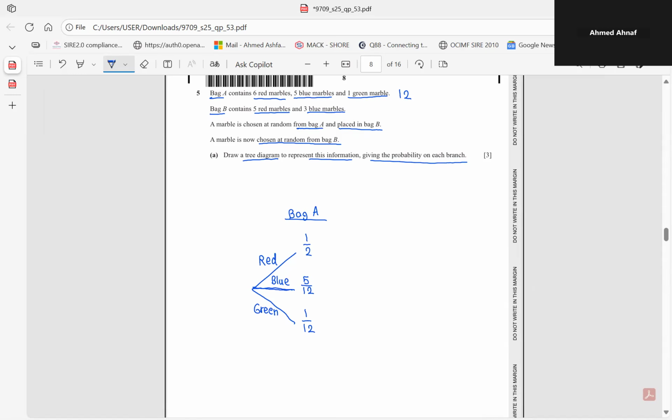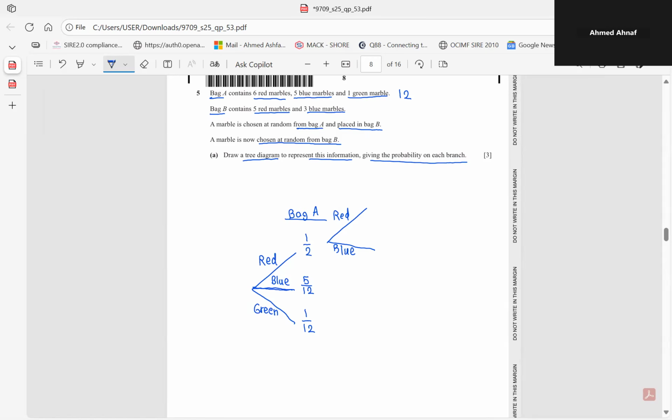And now the second branch would be for bag B. So if you chose red, you would only have 2 possibilities, either red or blue. So for red, you would have 1 more red, so this would be 6.